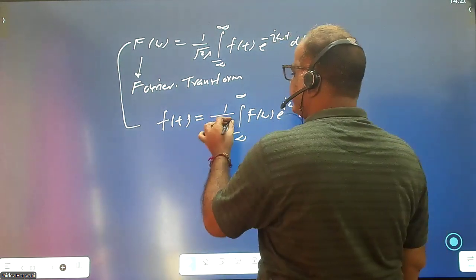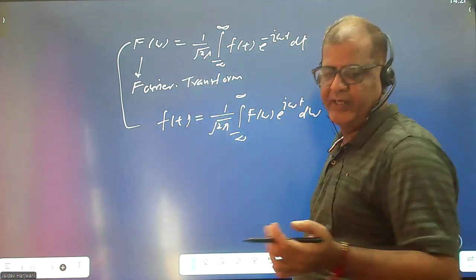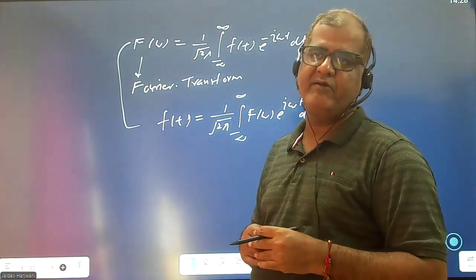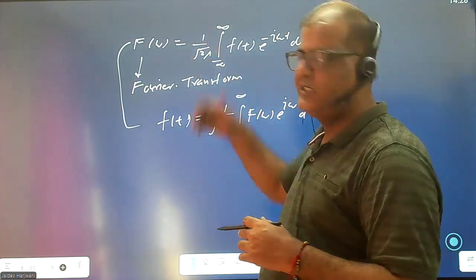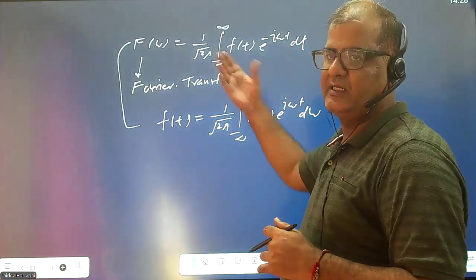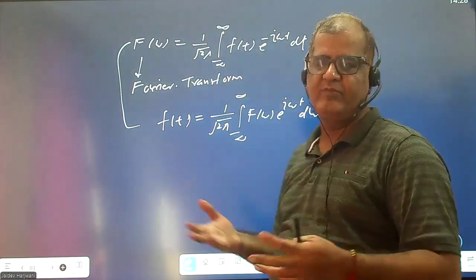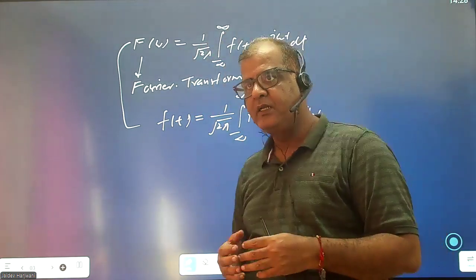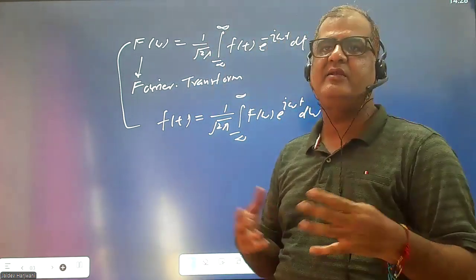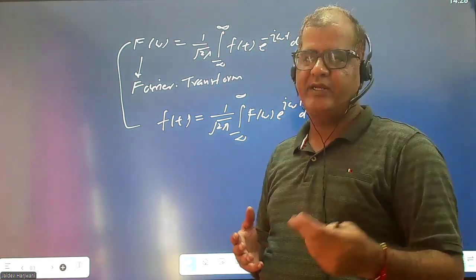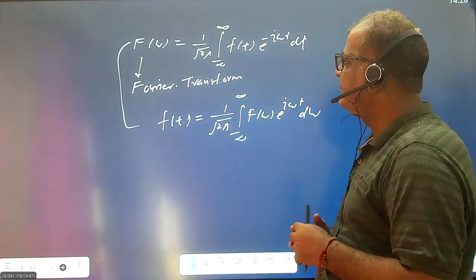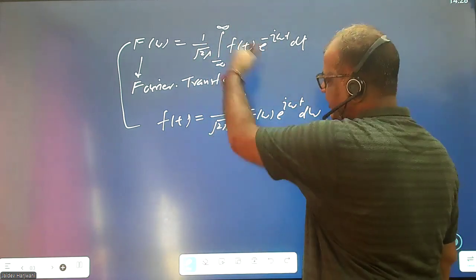Now there is nothing special about this factor 1 upon root 2 pi. There are alternative approaches to write these integrals. Generally this way of writing, because we have the same factor in both integrals, is a symmetric way. But many branches, like electronics and signal processing, define Fourier integrals in different ways.